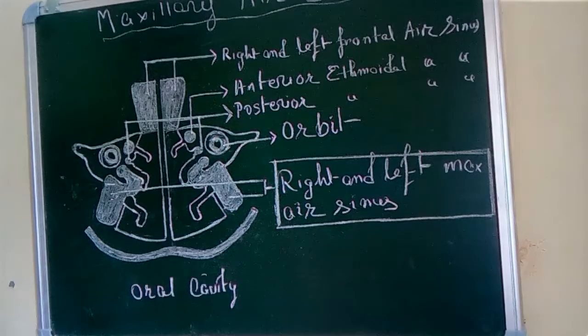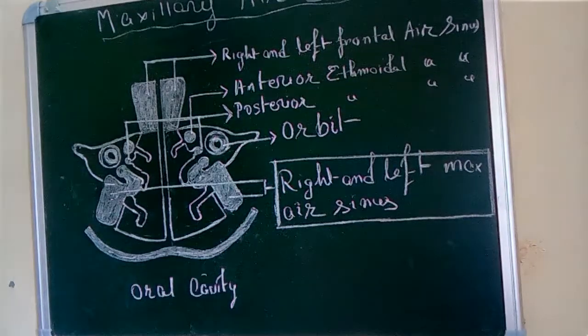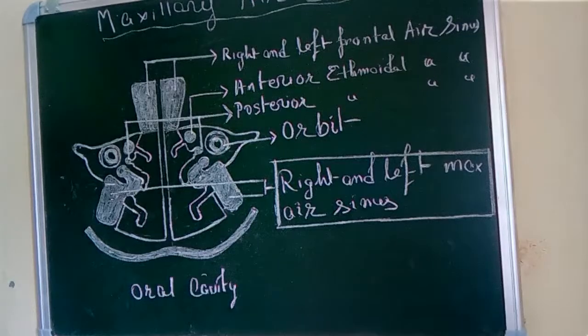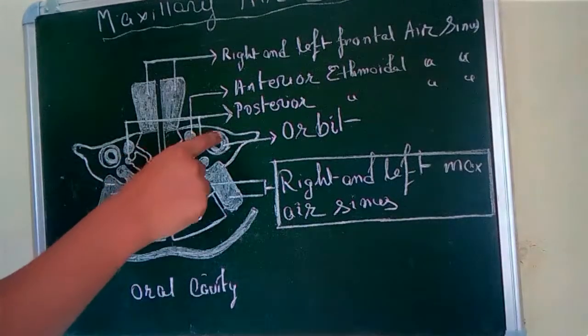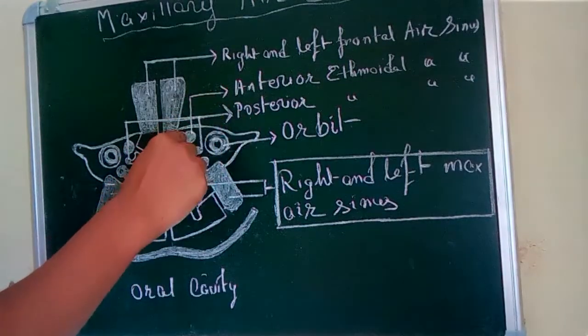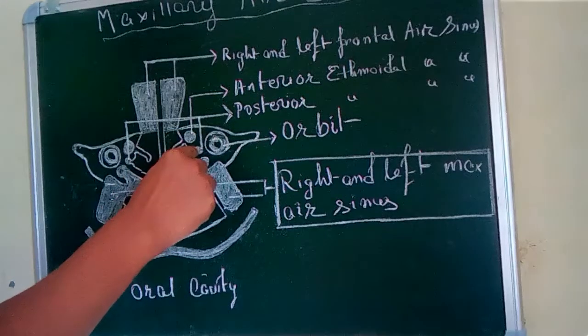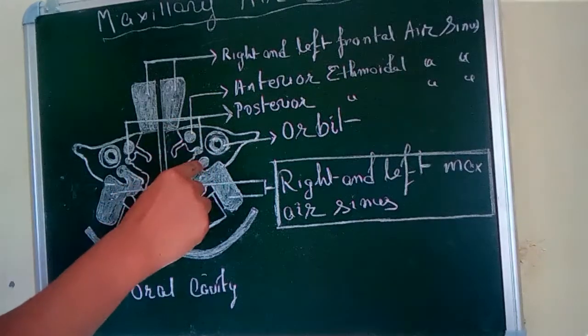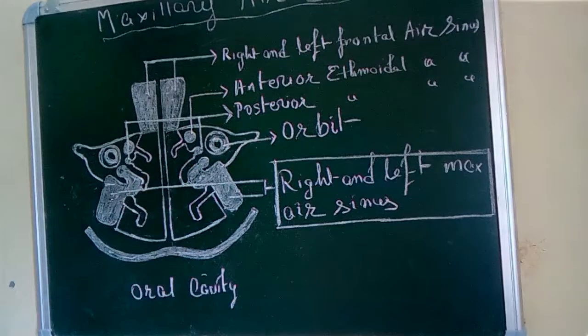Then the sphenoidal air sinuses, and the ethmoidal air sinuses are the anterior, middle and posterior.